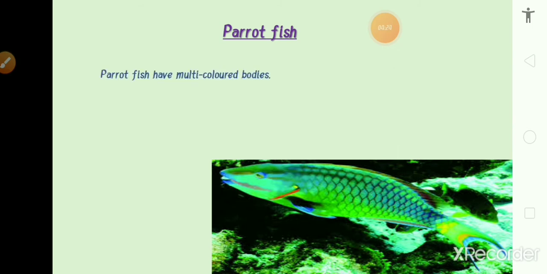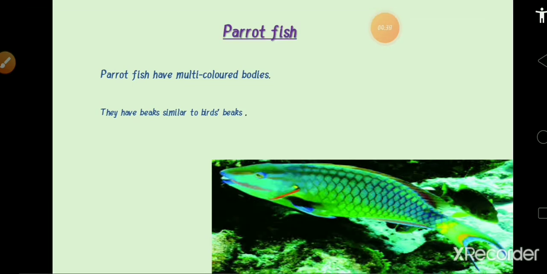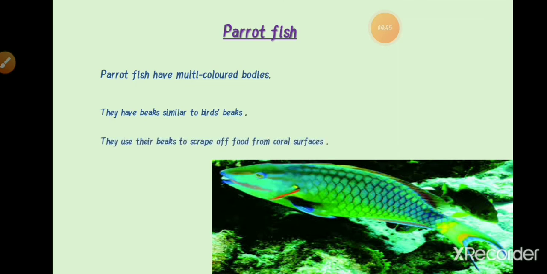Parrotfish have multicolored bodies. They have beaks similar to a bird's beak, as you can see here, the mouth of this fish. It looks like the beaks that birds have. So they use their beaks to scrape off food from coral surfaces.